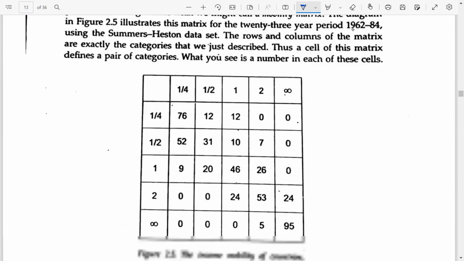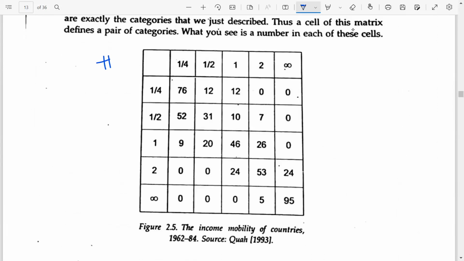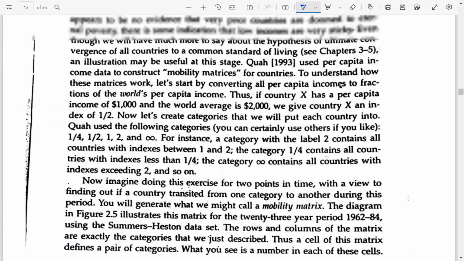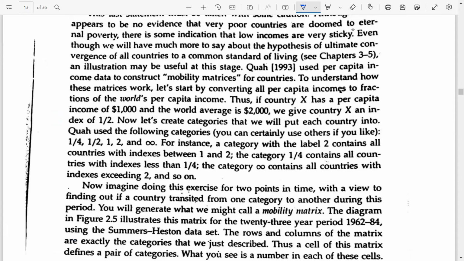First of all, students should know this mobility matrix. You should know how it works. So this is the income mobility matrix. To understand how the mobility matrix works, let's start by converting all the per capita incomes to fractions of the world's per capita income.